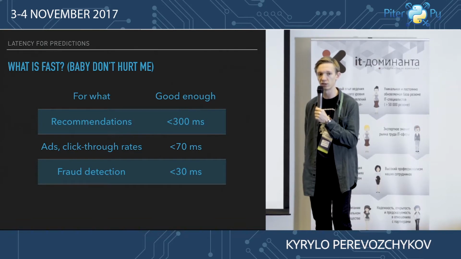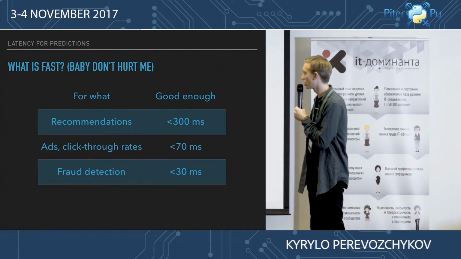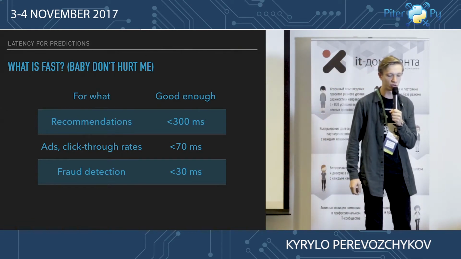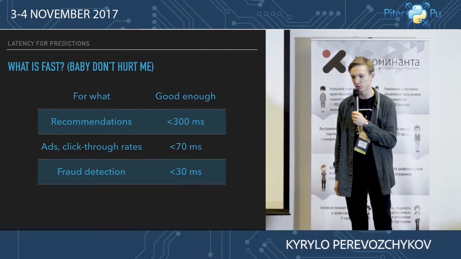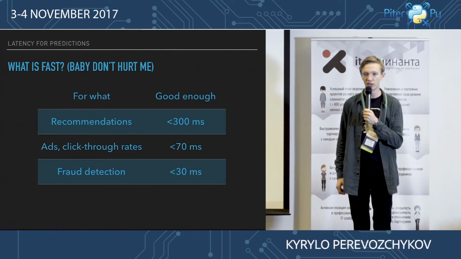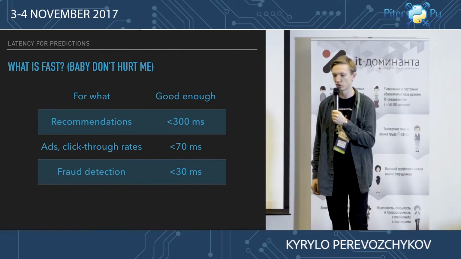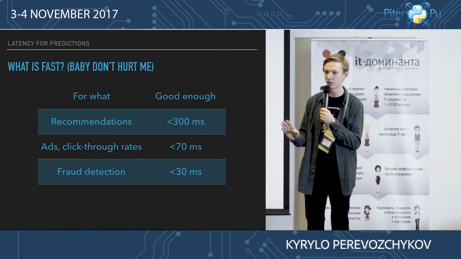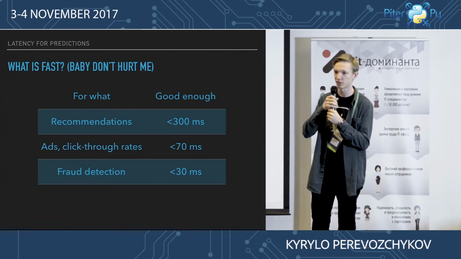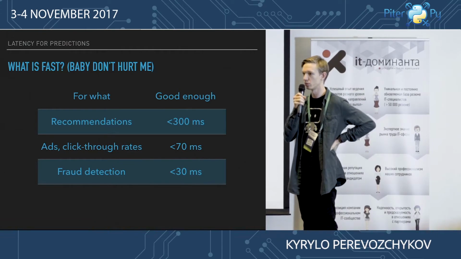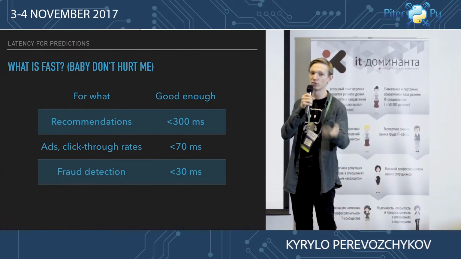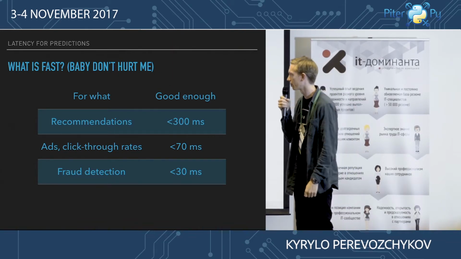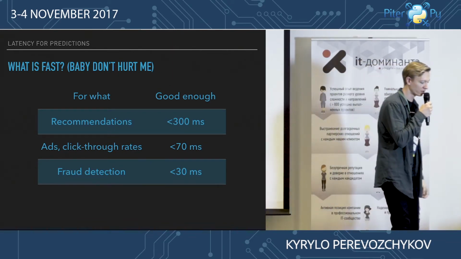Maybe your service wants to be faster or slower. So 300 milliseconds for recommendations is good enough because if you visit a magazine or a store web page, within 300 milliseconds you will have enough time to send your request and get the response. So 300 milliseconds is quite all right.